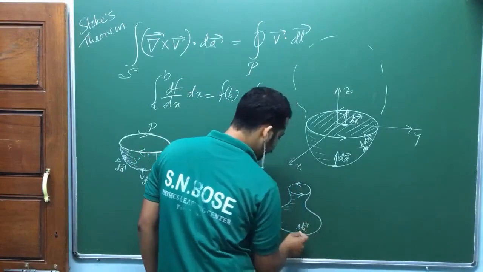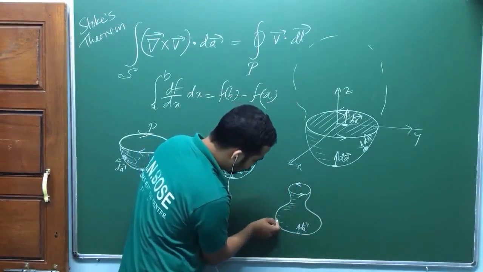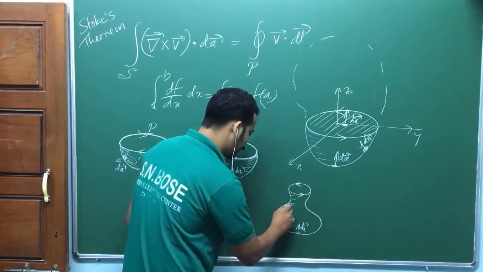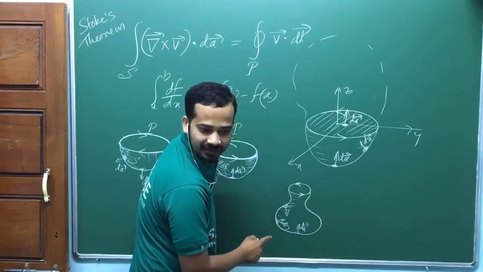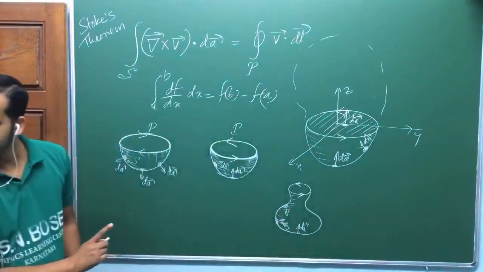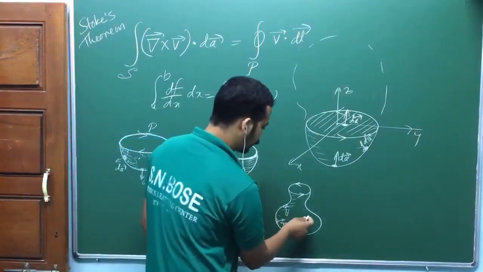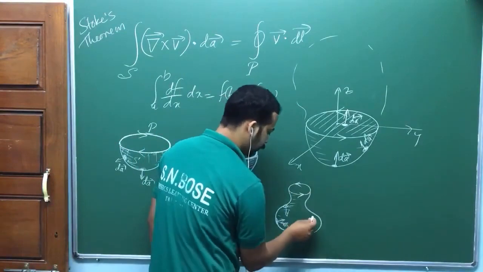Once you choose the dA vector like this, everywhere you have to choose it like this. Now you can ask, what happened to the right-hand thumb rule here? I hope you can fix that. Don't take the dA vector outside. Once you choose the dA vector, everywhere you have to sweep like this.